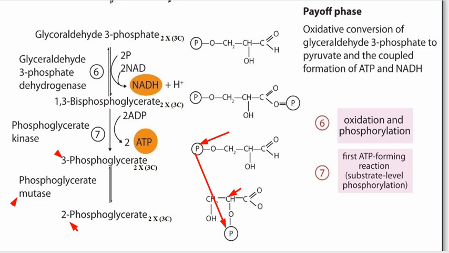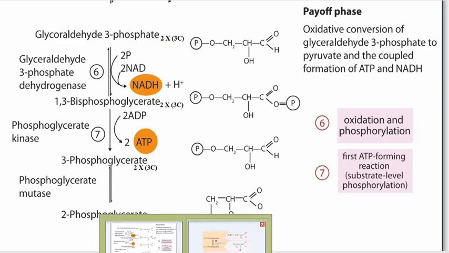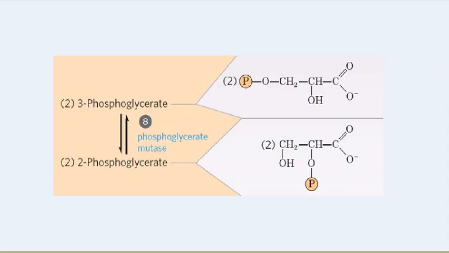Phosphoglycerate mutase. Mutation has occurred with phosphoglycerate. So what happened? On third carbon there was a phosphate, now this phosphate is on second carbon. Here is the only reaction number 8 for you.